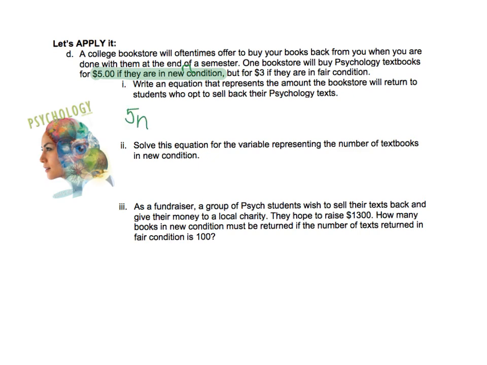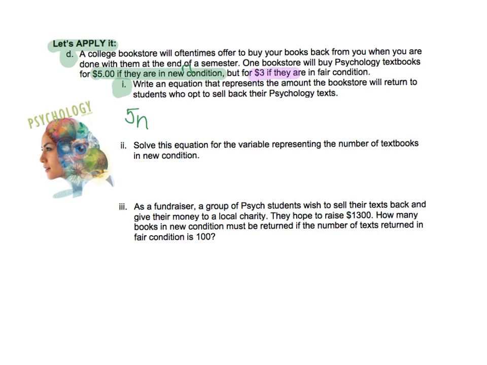And again, for your notebook purposes, you want to have the let's apply it. And this is technically part D, and we're working on part I of part D. And right now you have a 5n under there. Also, you have something about it being $5 if it's in new condition. And then we got to talk about if it's in fair condition.